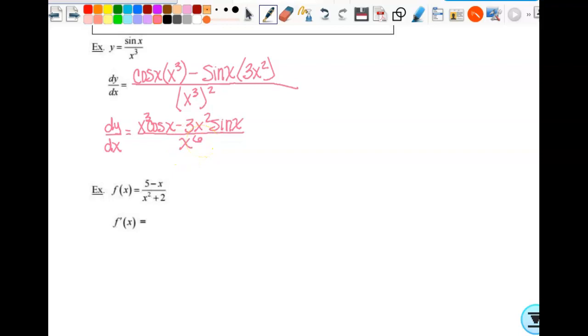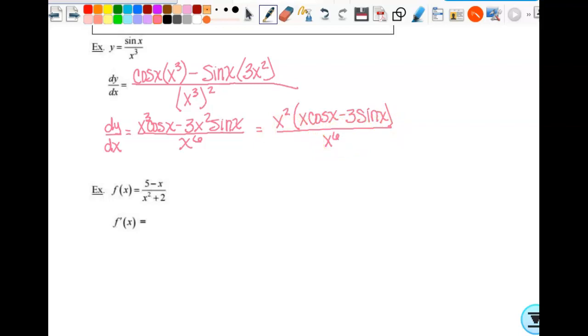Do I have a GCF in the numerator? Yes. What is it? x squared. So I can factor out an x squared. That leaves me with x times the cosine of x minus 3 times the sine of x all over x to the 6th.